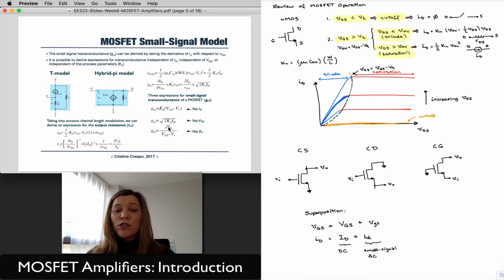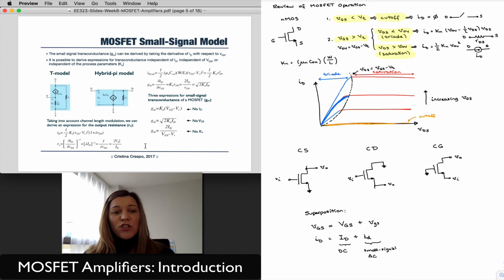We have an expression for gm that is exclusively dependent on the DC bias points, ID and the overdrive voltage. There is no transconductance parameter, no process parameters. And so you can calculate gm even if you're missing one of those pieces of information.